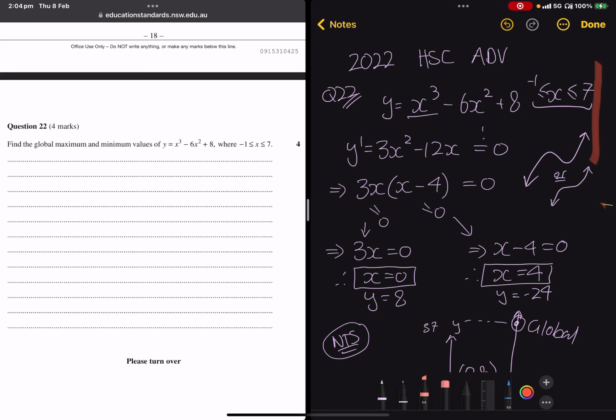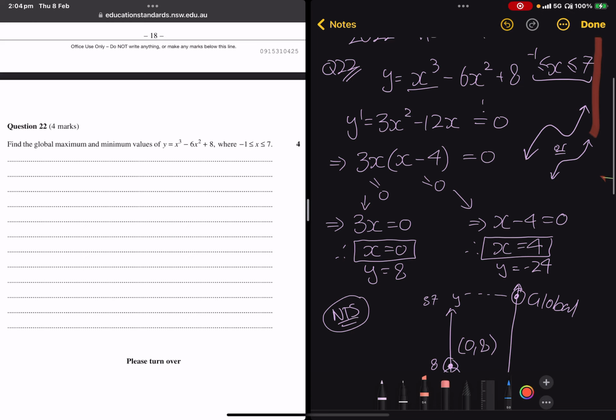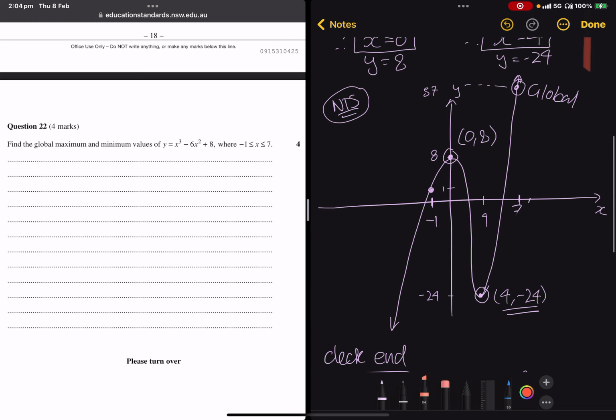A second mark, they'll want you to solve the derivative equals 0 to find the x values. So once you've done your derivative, setting that equal to 0, solving, that'll be your second mark. The third mark is a little more vague. The third mark will be finding a series of points.